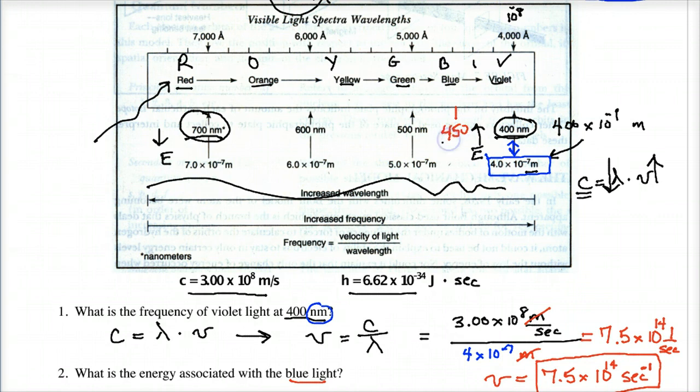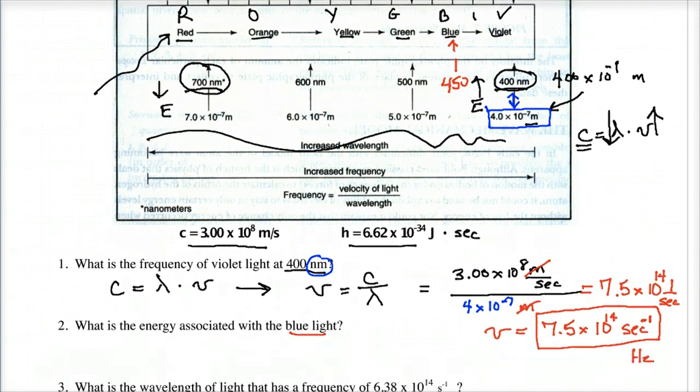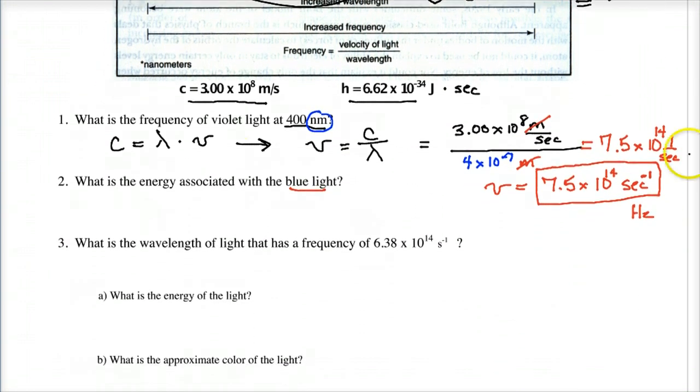This wouldn't be like a test question, but let's use 450. We're going to get something close to blue. All right, any case, so 450 nanometers from my chart read, and that is the wavelength, how long the wavelength is for blue light. Okay, now what's the energy?